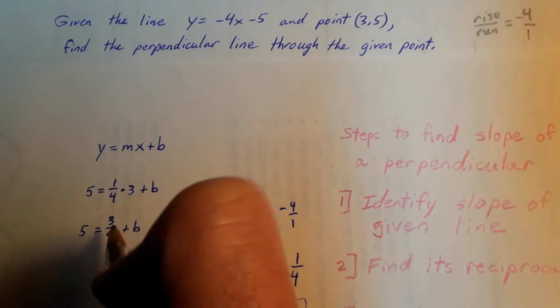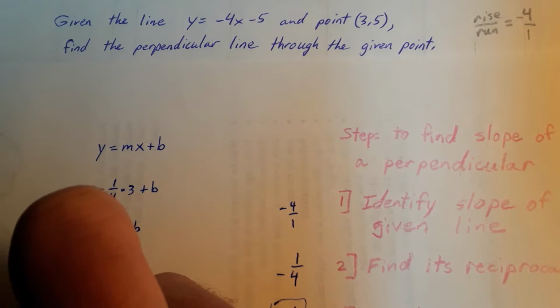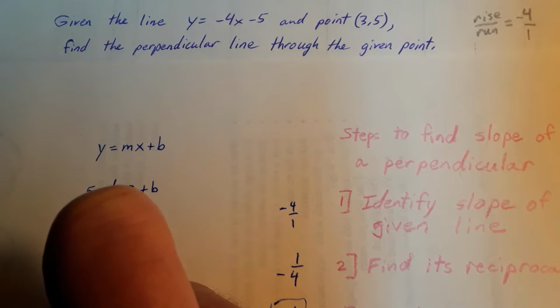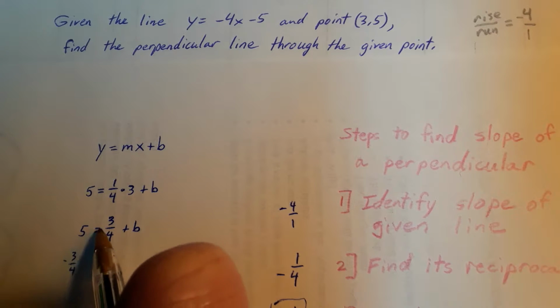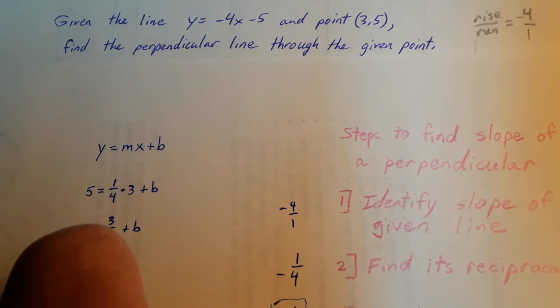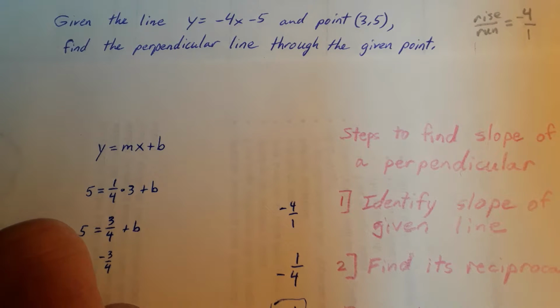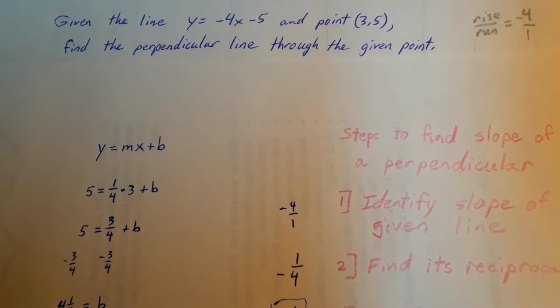And now, since I have the b being attached to this rational number by addition, I'm going to subtract that out. And I have to do it on both sides because that keeps me equal and balanced here. So 5 minus 3/4 is going to be 4 1/4. That's going to be my b value.